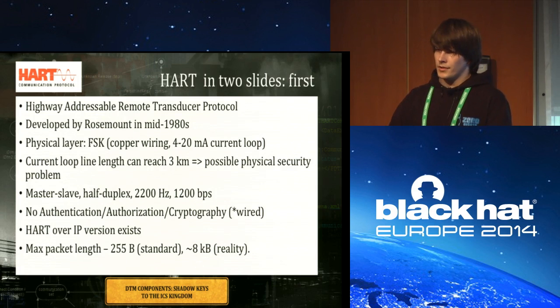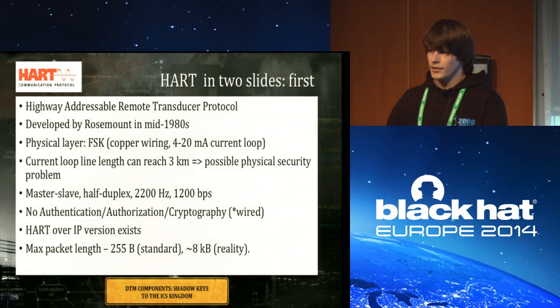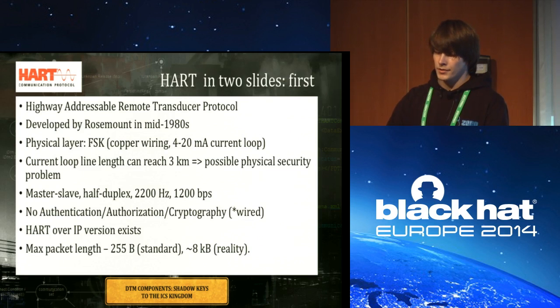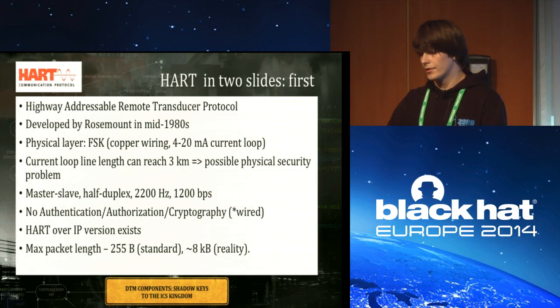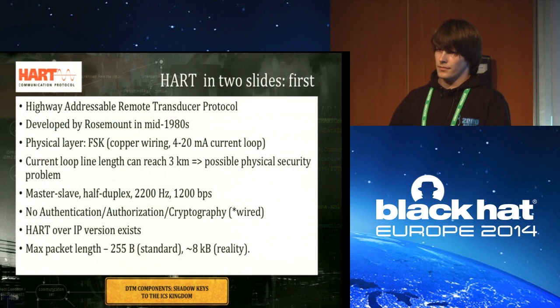HART uses a current loop communication link, and current loop lengths can reach up to 3 kilometers. HART transmitters are often placed outside the plant building, for example for monitoring the presence of toxic elements in the air and other parameters. This could cause some physical security problems.